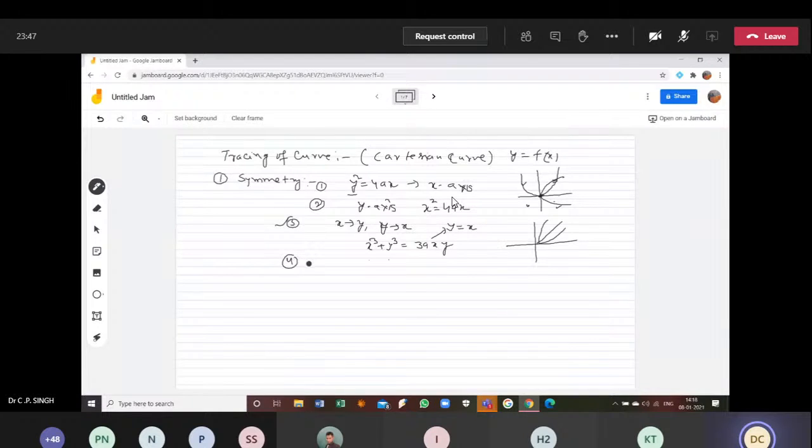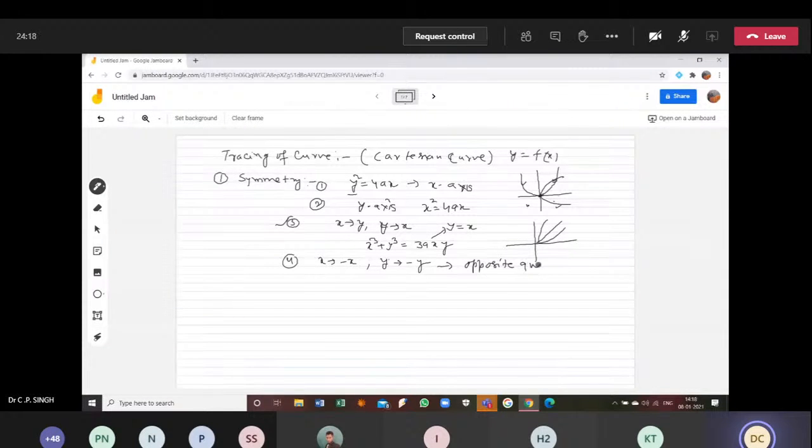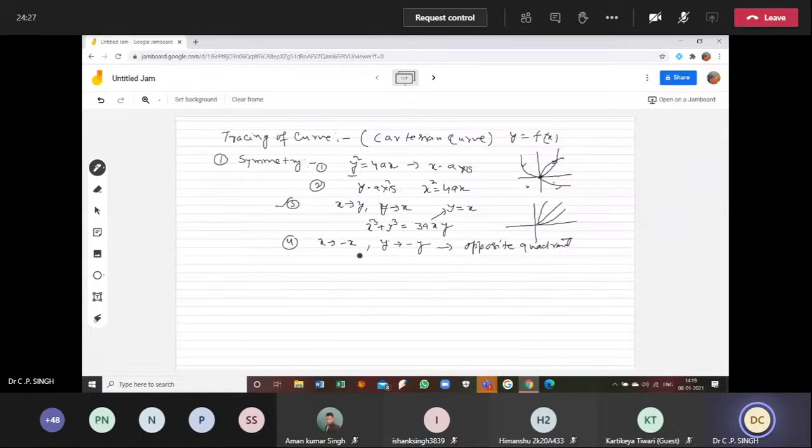Now the fourth one is that if x is changing to minus x and y is changing to minus y, you change x to minus x and y to minus y, and if the curve remains the same, then it is symmetrical in the opposite quadrant.